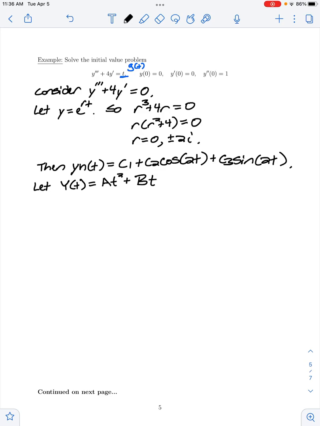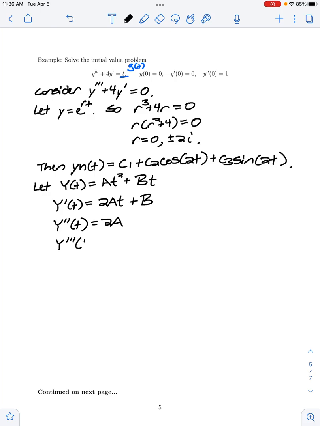So from here, we need to find our first 3 derivatives to substitute into our non-homogeneous equation. We find that our first derivative would be 2at plus b. Our second derivative is 2a.